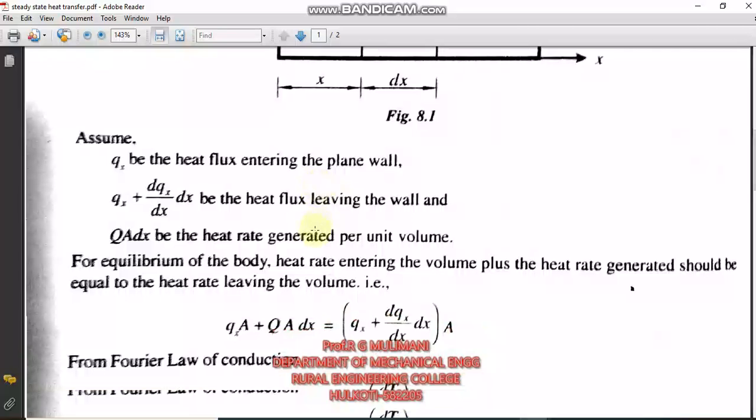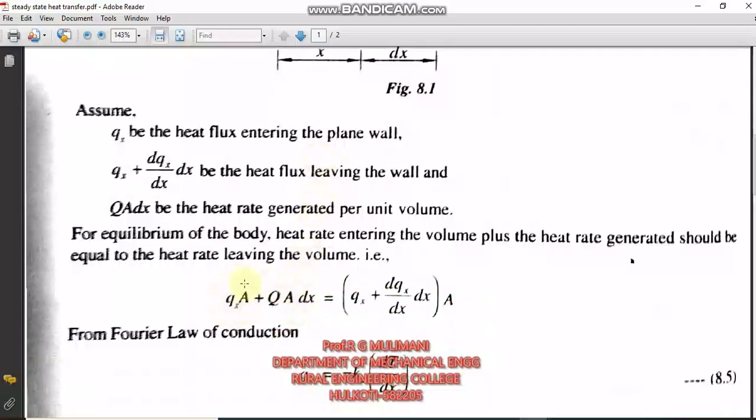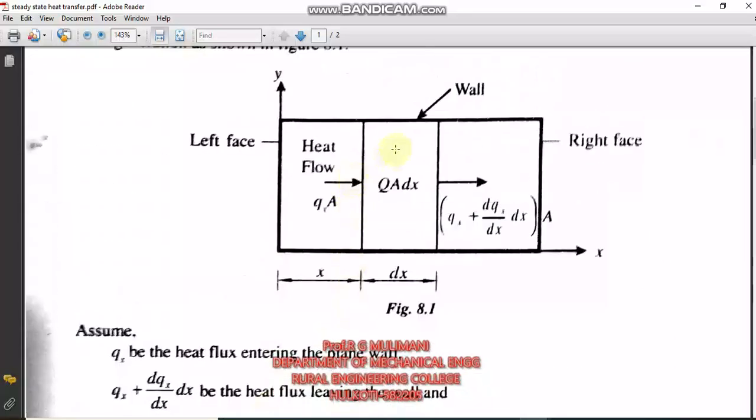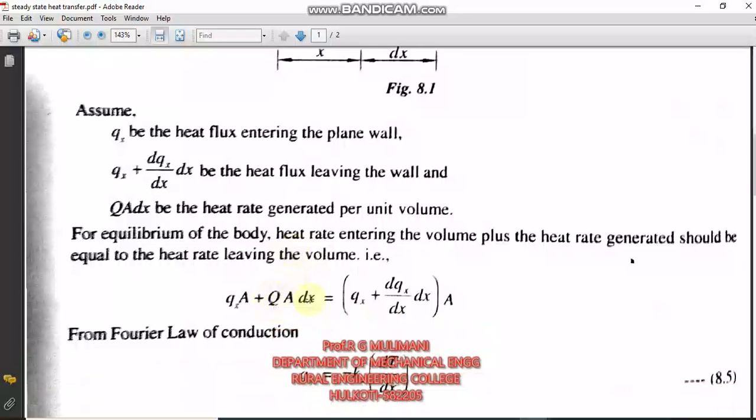The heat entering into the body is qx into A, where qx is the heat flux on the left face and A is the area of this wall, and q A dx is the heat generated. For equilibrium of the body, the heat entering plus the heat generated in the body should be equal to the heat leaving the control volume.